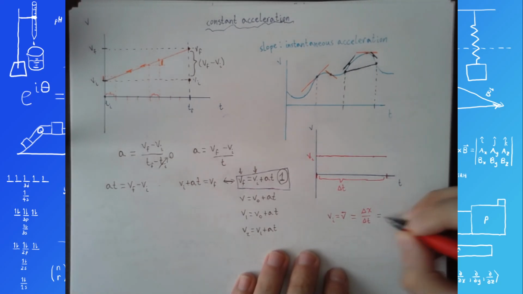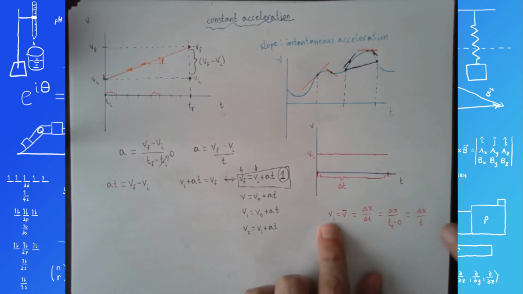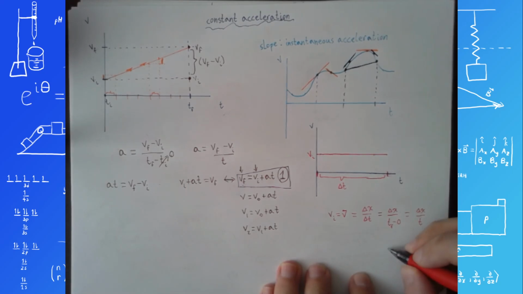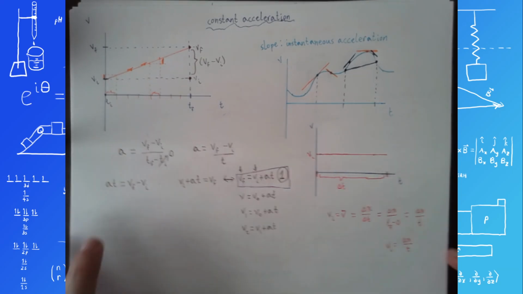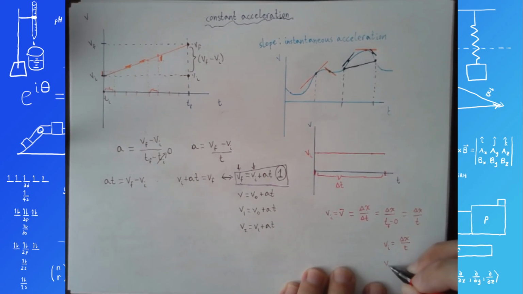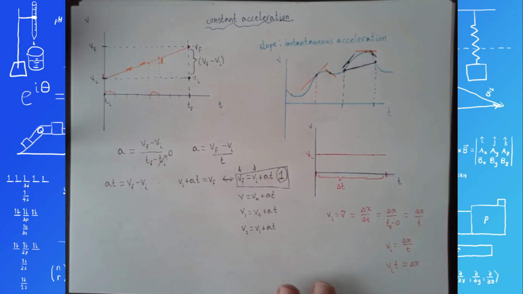So this is just equal to delta x over t final minus 0 equals delta x over t final, which I'll just rename as t for simplicity. If I take the first and last part and do v initial equals delta x over t, and I multiply the t over, I get my delta x. So v initial times t, or just v times t if you prefer, is equal to delta x when the velocity is constant.